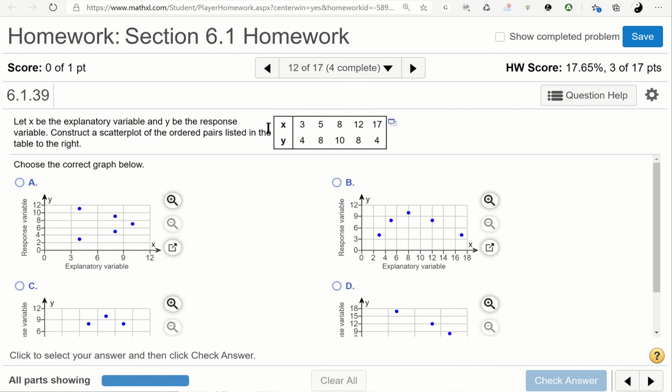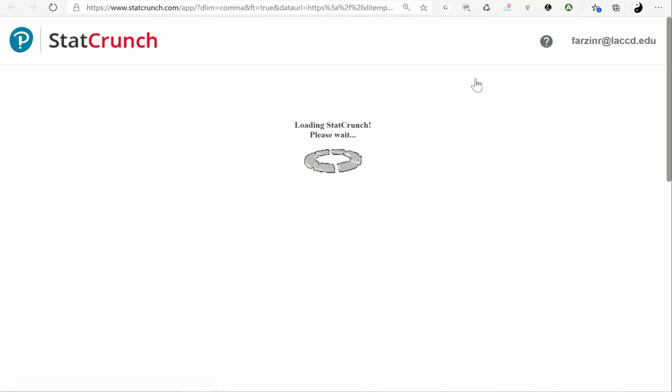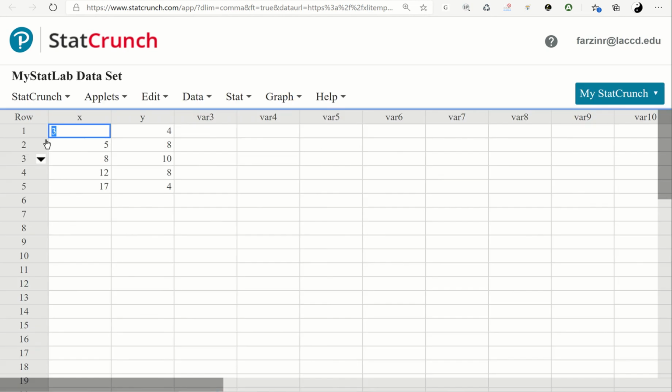All right, so in this one, we have a table. The x is the explanatory variable, y is the response variable. We want to graph a scatter plot. Again, we could do that manually, or we could take it into StatCrunch, okay? The nice thing is when you do that, it brings the data over with it.